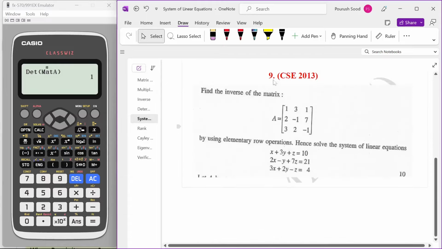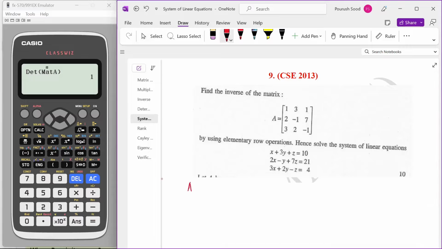This question was a part of the CSE 2013 paper, and it says that we need to find the inverse of this matrix by using elementary row operations and solve the system of linear equations. The system of linear equations has the coefficient matrix A as 1 3 1, 2 minus 1 7, 3 2 minus 1.